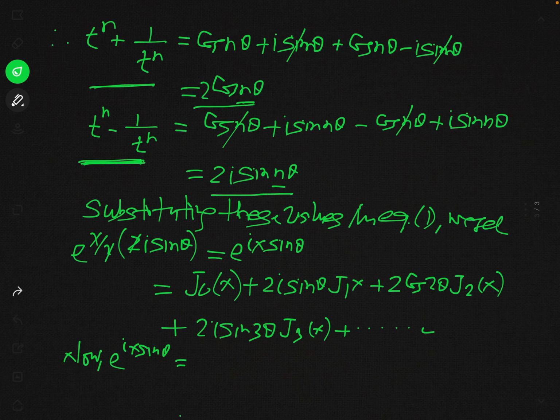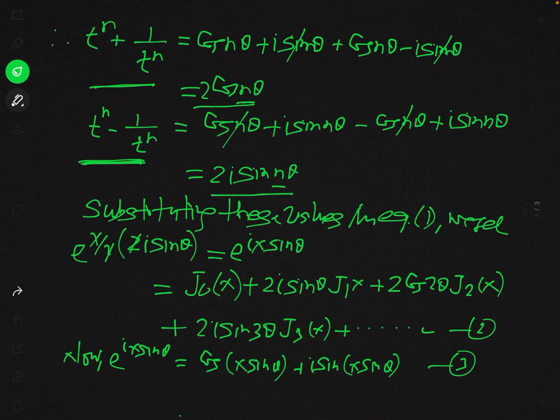You know, this can be written as cos of x sine theta plus i sine of x sine theta. Now one equation is here. Let us say this is equation 2 and this is equation 3.